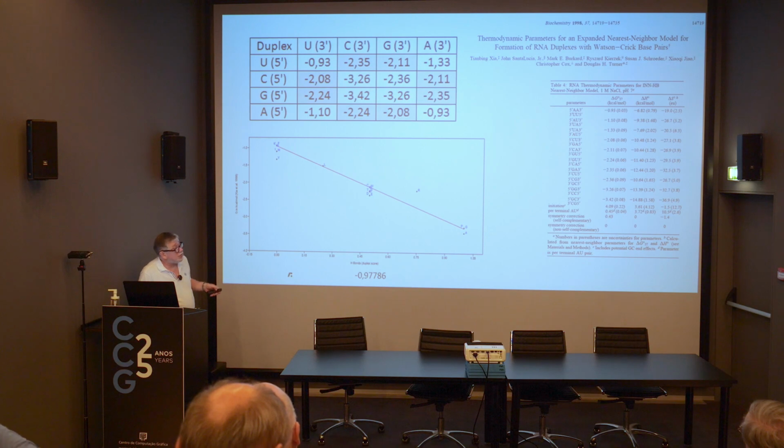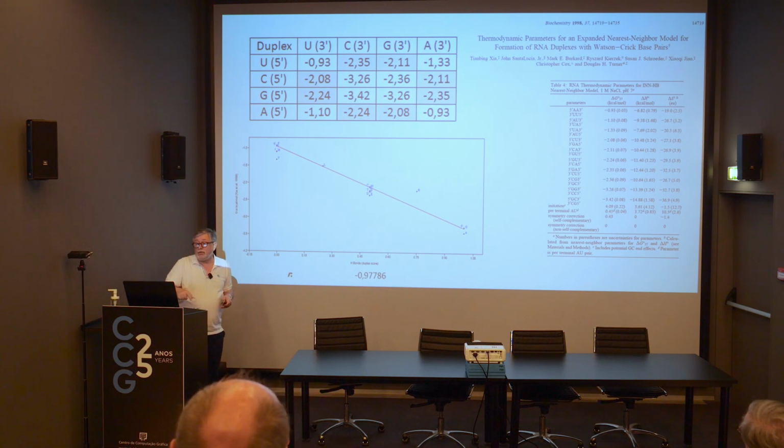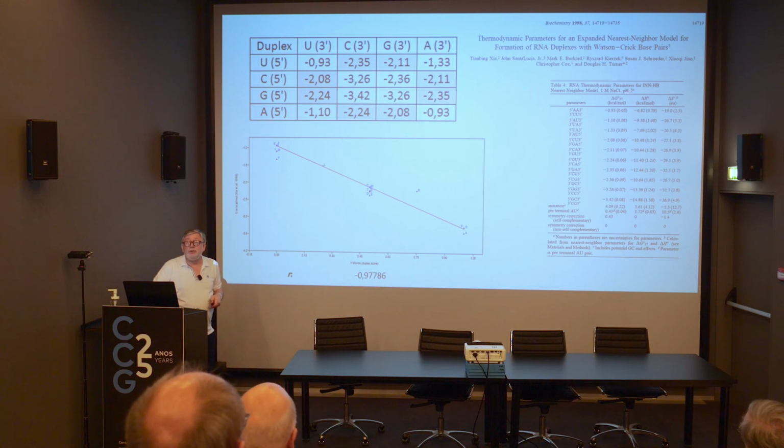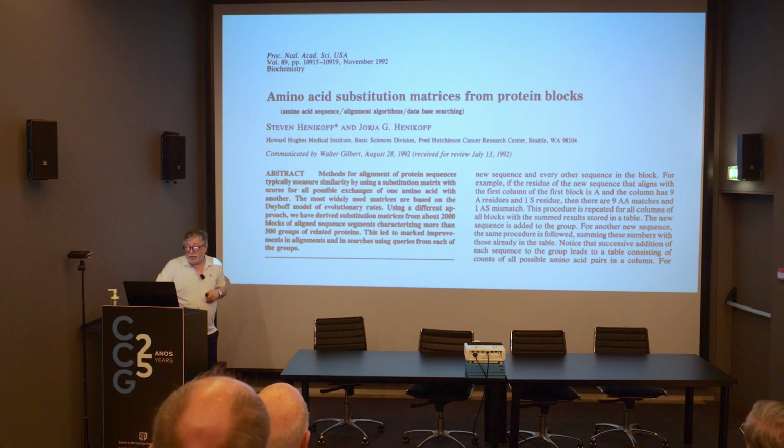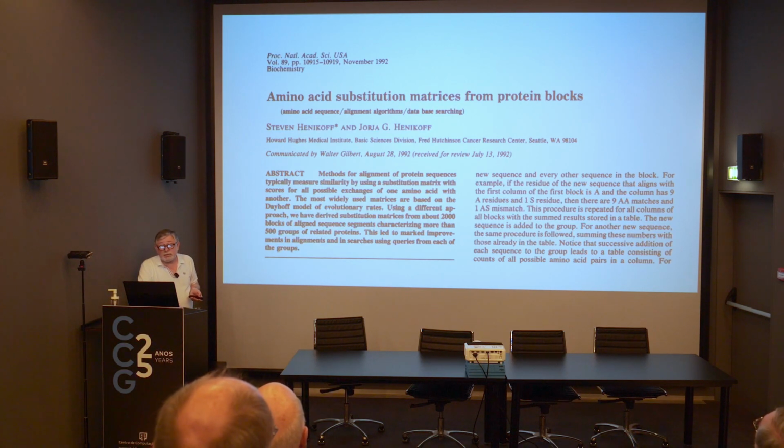These are original data for duplexes, and we will also use this algorithm to test the evolutionary trees, how they behave. So for the substitution matrices, we use BLOSUM. It's a standard method used today.